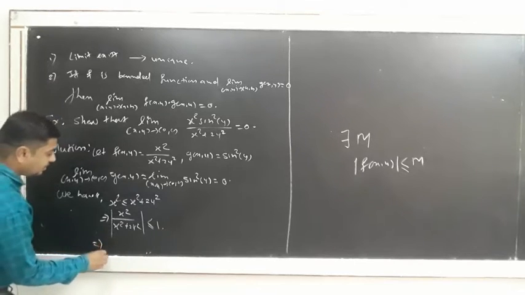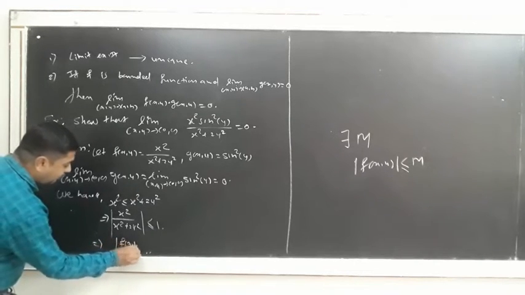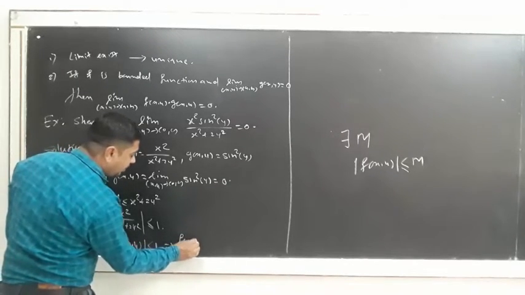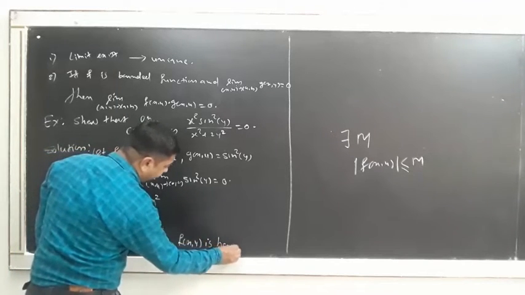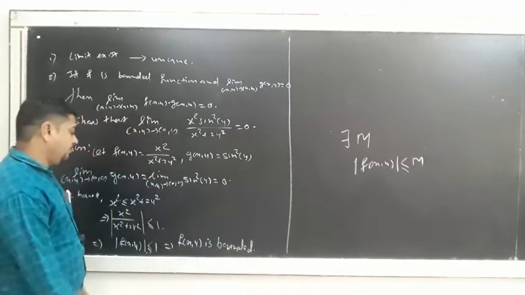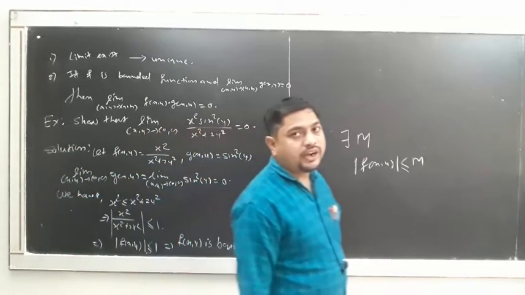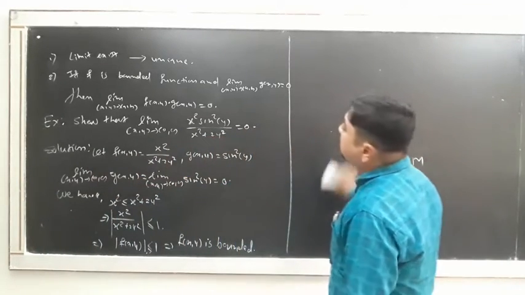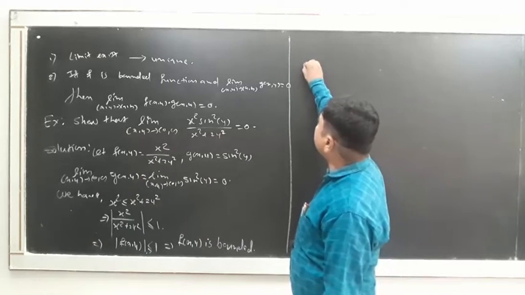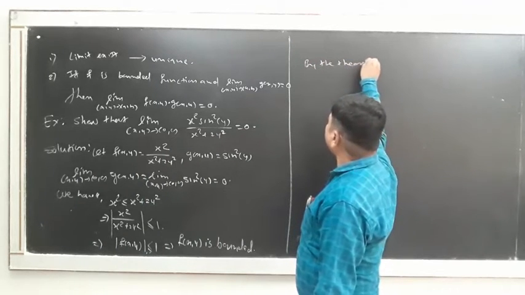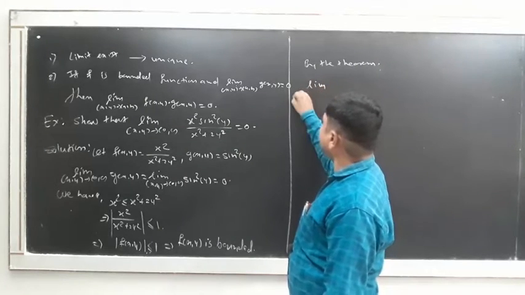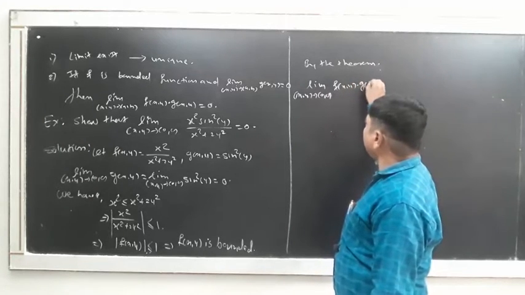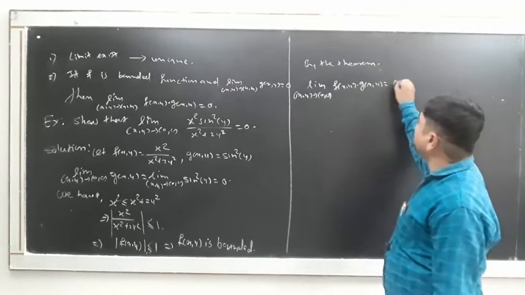What it implies? Mod of f(x,y) is less than or equal to 1. That means f(x,y) is bounded, and therefore we can use the above theorem. That means by the theorem, limit (x,y) tends to (0,0) of f(x,y) into g(x,y) is equal to 0.